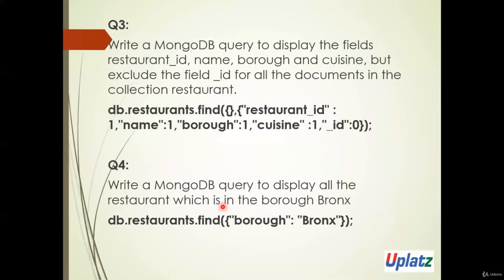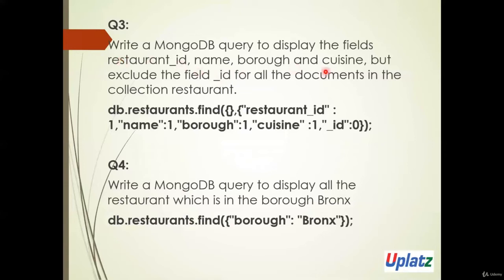The next question is, write a MongoDB query to display the fields restaurant ID, name, borough, and cuisine, but exclude the field _id. I don't want that _id field to be displayed in my document. We already know that the _id field is our primary key in the collection. So they are asking us to exclude that particular field, but include restaurant ID, name, borough, and cuisine.